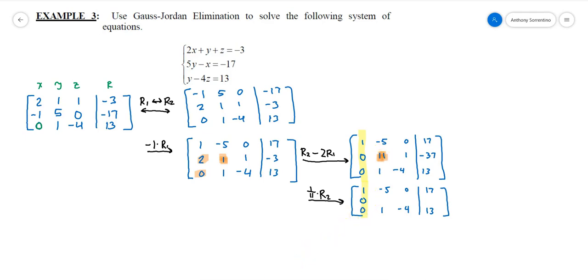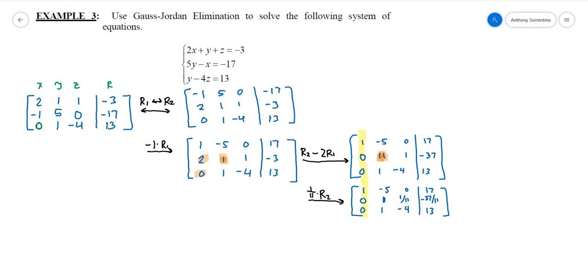So 1 times 1/11 is going to give me 1 over 11. Negative 37 times 1/11 is going to give me a negative 37 over 11. And in many cases, you are going to get some pretty gnarly fractions along the way.